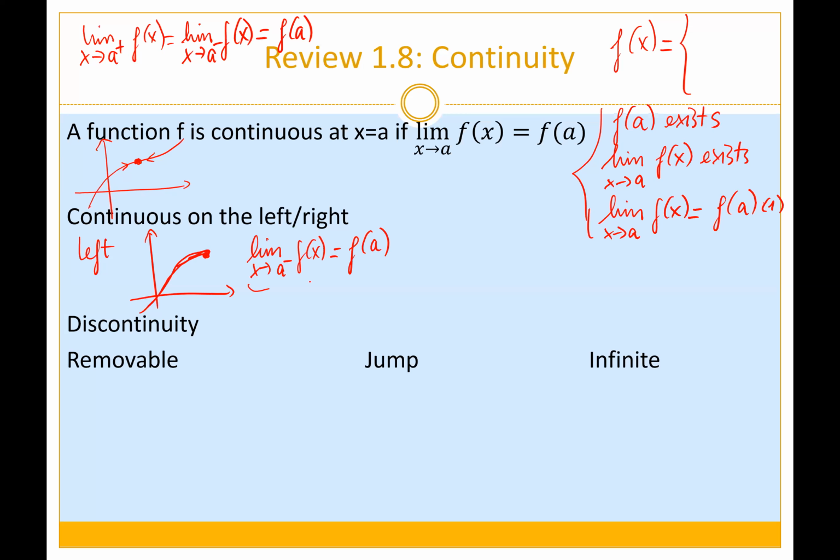Of course, this limit has to exist for that to happen. For the right it's a similar thing: instead of a minus, you have a plus. So the limit of x approaching a plus of f(x) equals f(a). Again, you have to make sure that this limit exists before you can do anything about the equality.